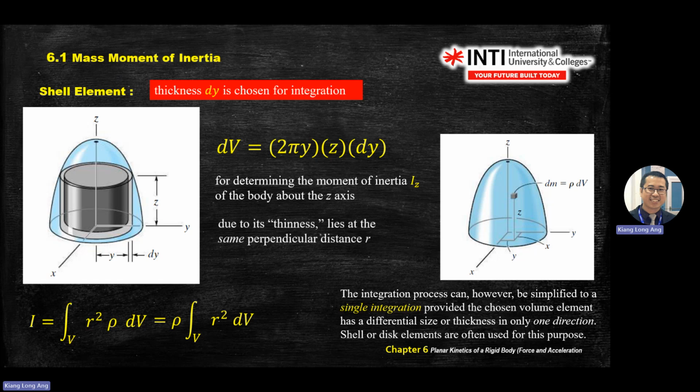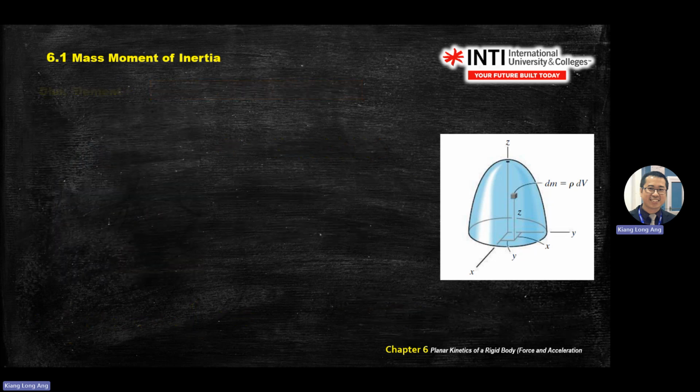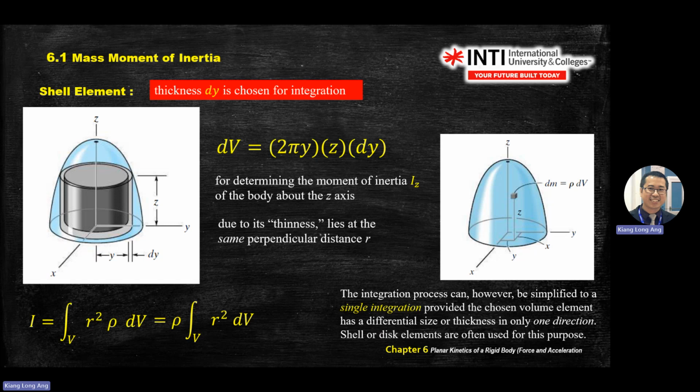Okay. First method is shell element. With shell element, you use volume, and then there's a change of dy here. This is the shell method. dV equals 2 pi r. You can use r or y, then multiply z dr. Okay, in this case, we use x, y, z to represent the axes.